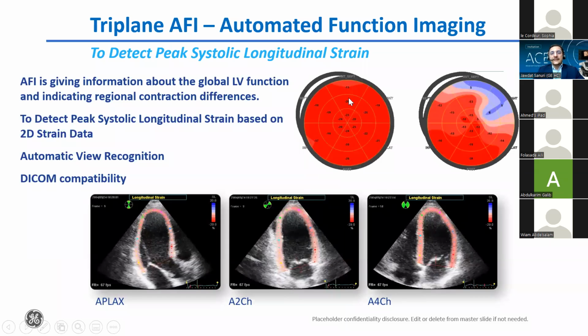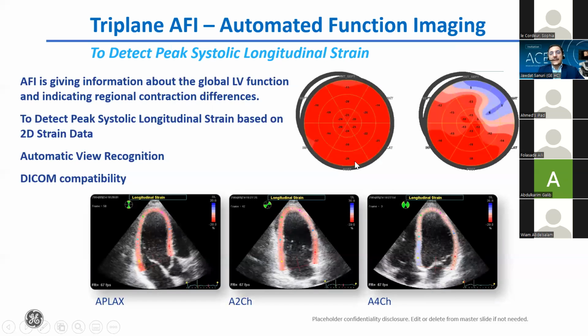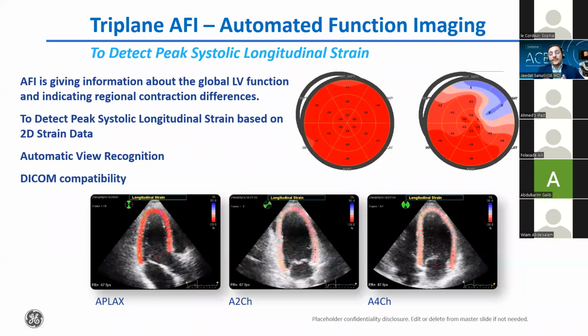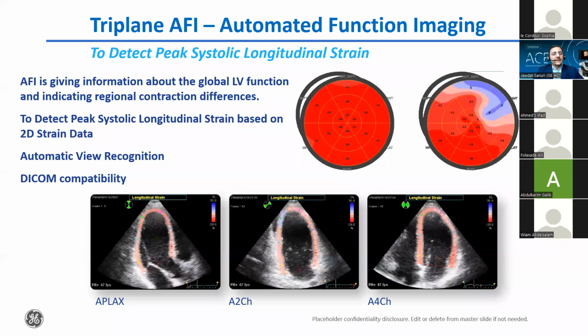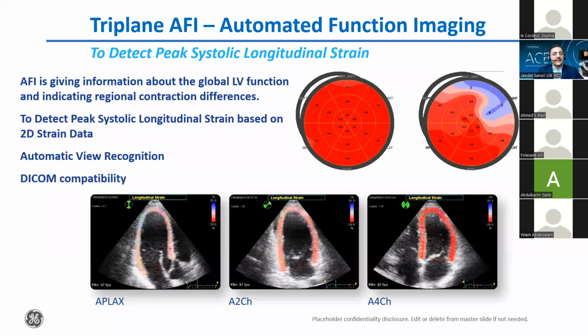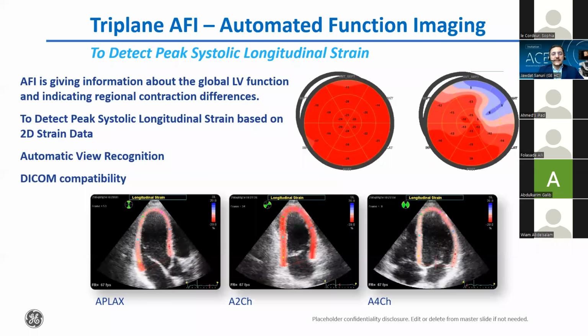The bullseye can be viewed in a modified 17-segment format as per the European as well as the American Cardiac Society's recommendations.